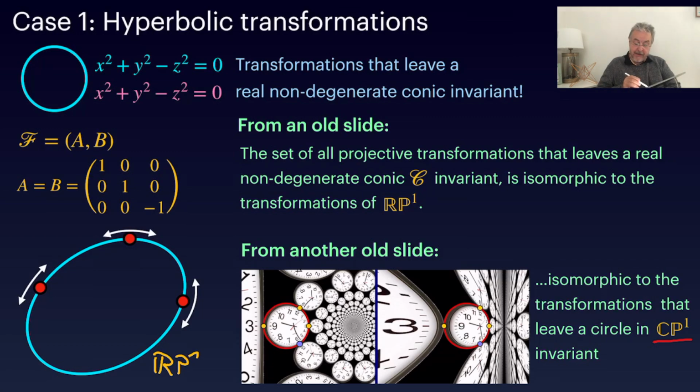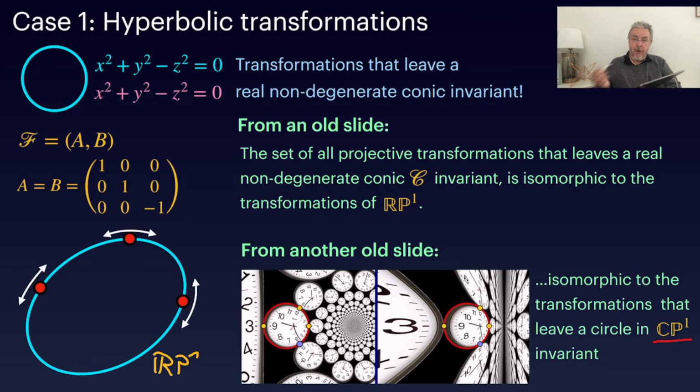And we had this extensive part of the lecture where we explained the differences between the CP1 world and the RP2 world, but that agree along this conic. And we will later on learn that this equivalence links 2 different models of the hyperbolic Cayley Klein geometry.